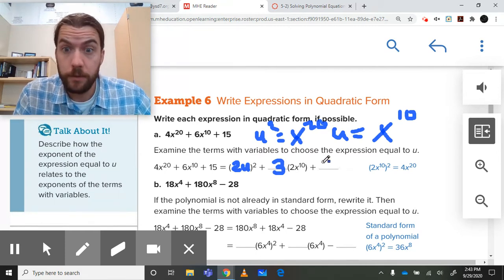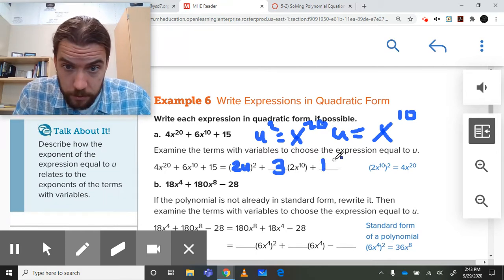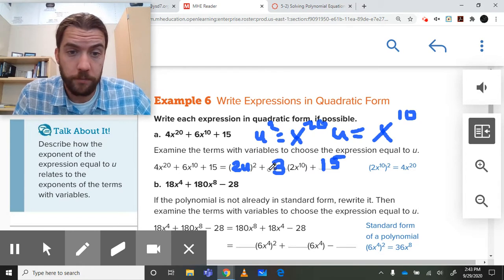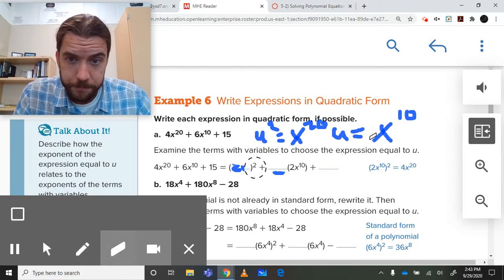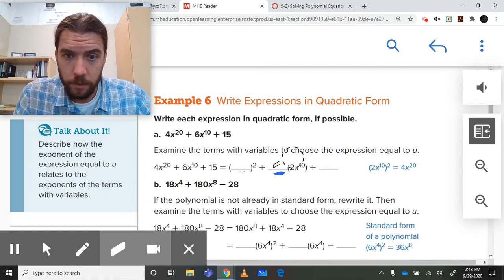And then our last one is going to remain 15. That's not going to change at all. Not really sure why they wrote that in already. That is what I would have put in terms of u, but maybe they're saving that for examples B and C. Let's take a look at what they show below.